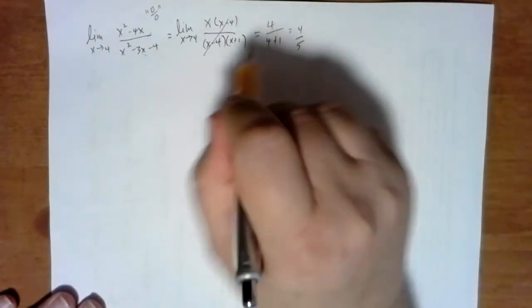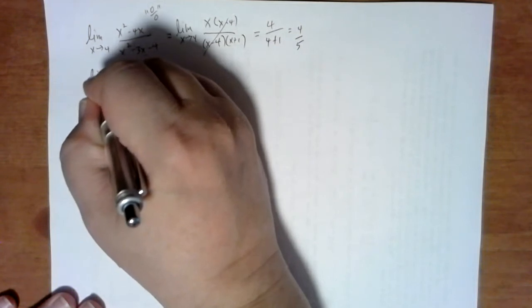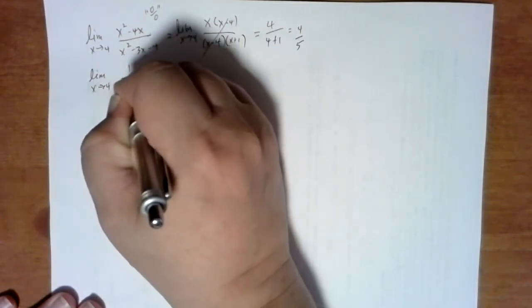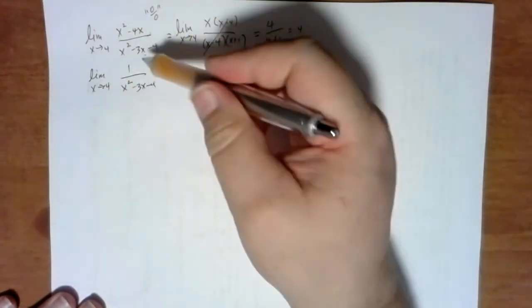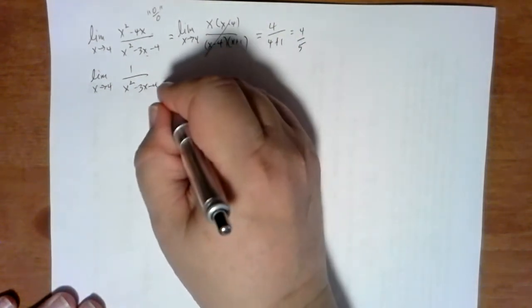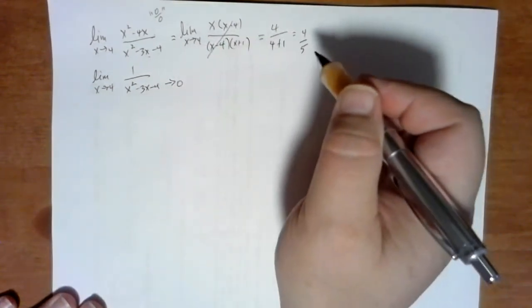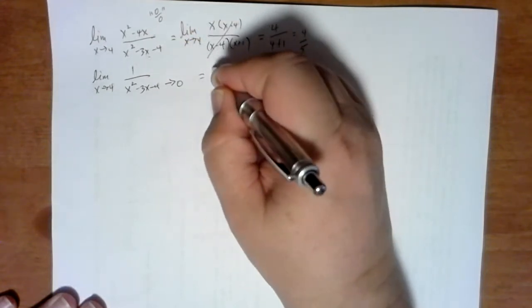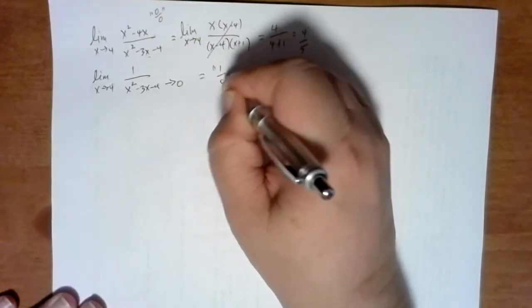Now suppose that I had changed the problem. Suppose I had the limit as x approaches 4 of 1 over x squared minus 3x minus 4. Then notice that as you approach 4, what happens in the denominator? The denominator is going to 0, and so we don't get 0 over 0 in that case. We get that this is going to go to 1 over 0.